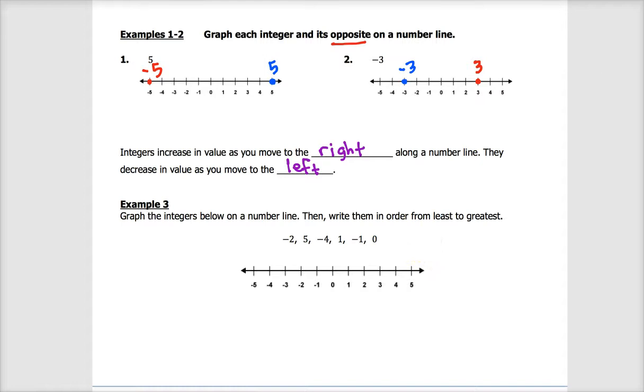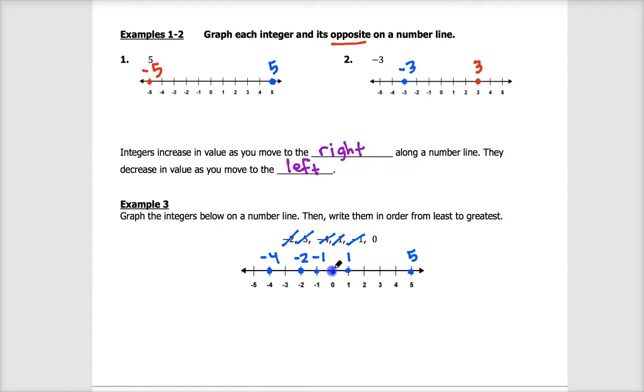So first of all, let's graph these integers. So negative 2 would be here. Positive 5 here. Negative 4 goes here. 1 here. Negative 1 here.